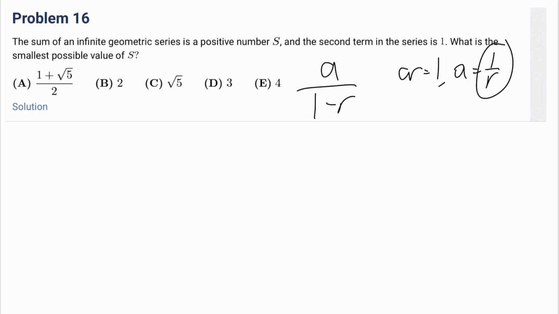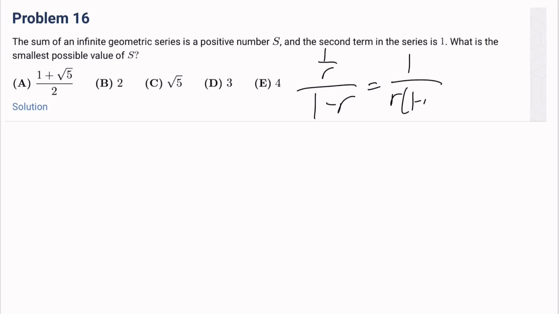And if we plug 1 over r in right here, that gives us 1 over r over 1 minus r, right? And if we calculate this, this would equal 1 over r times 1 minus r. And what is the smallest possible value of s? Okay, so we want the smallest possible value of 1 over r times 1 minus r. So we want the largest possible value of r times 1 minus r, right?